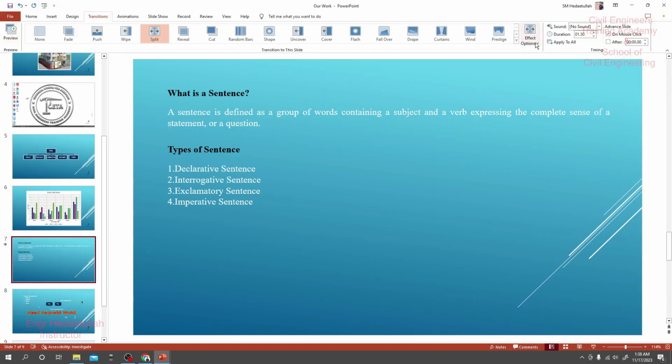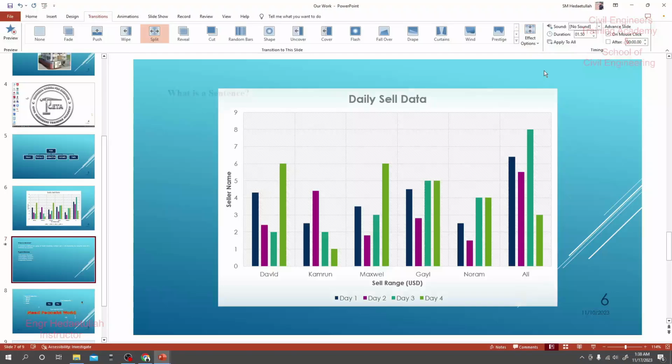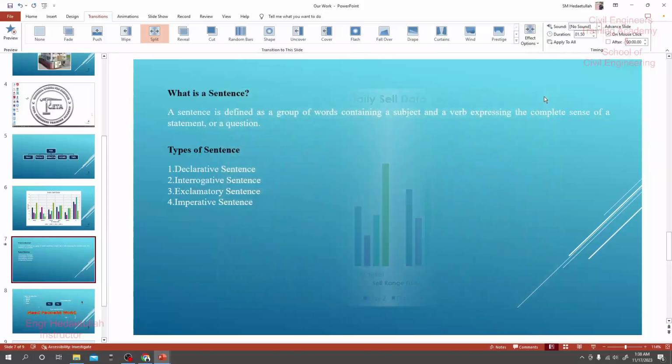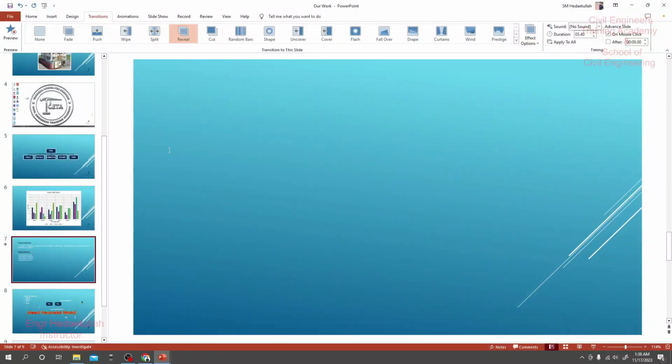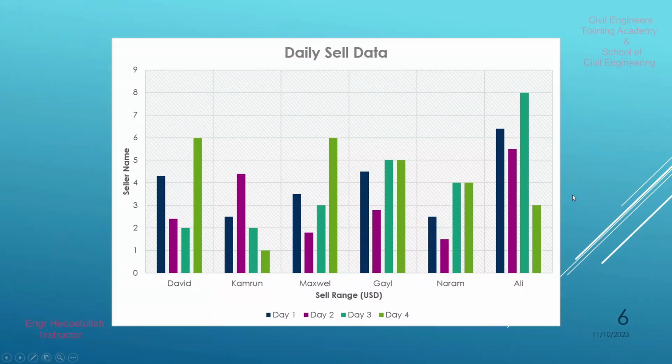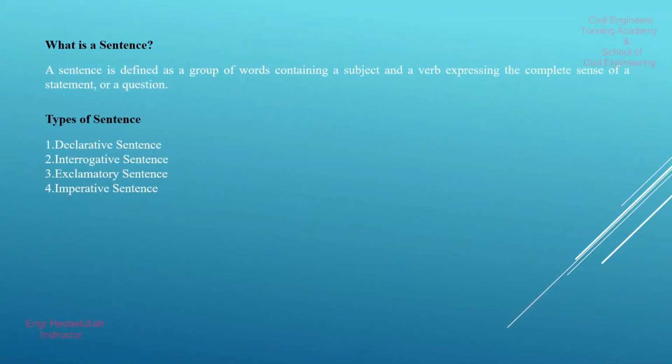And also they have effects where it will work horizontally, then horizontal out, then vertical in. Okay, you can use the option. Then reversal, it will move systematically. Just if you come here and enter, just see it's changing in some different way.